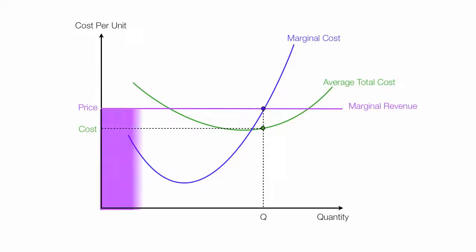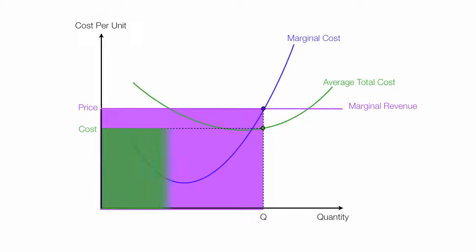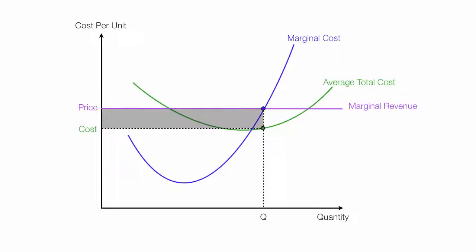So visually, I can take this purple, which is total revenue, and the green, which is total cost, and the dark purple area is actually profits now. And I'll make that gray, to see it a little easier. Profits. The width of that rectangle is Q, or quantity.